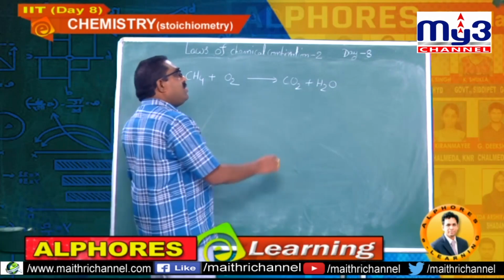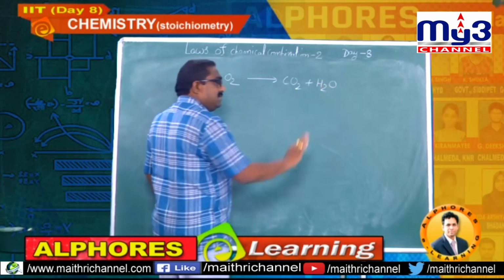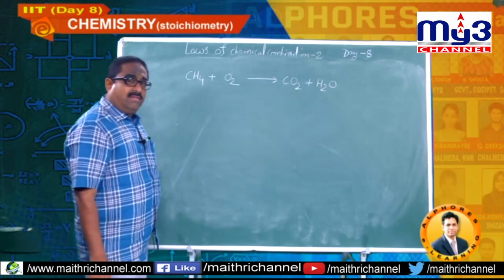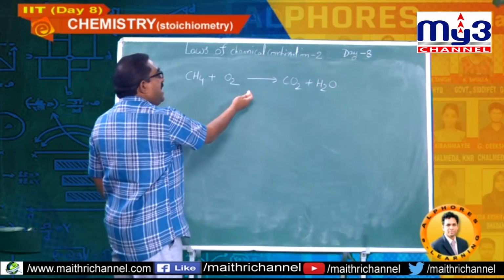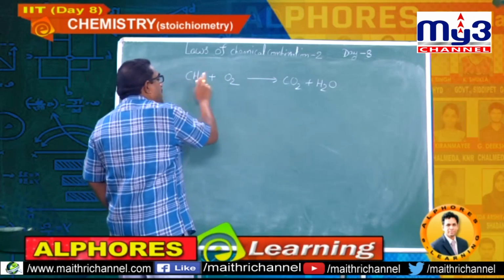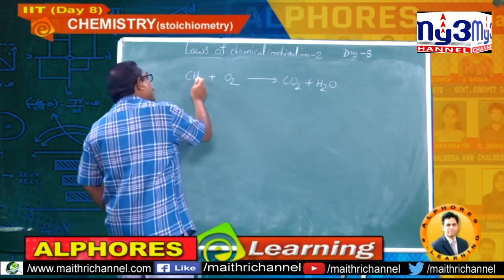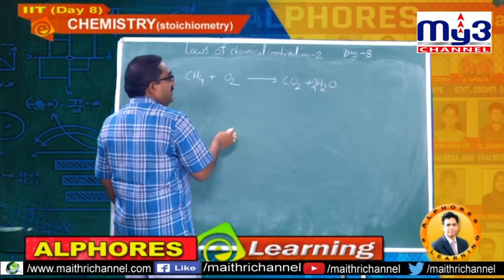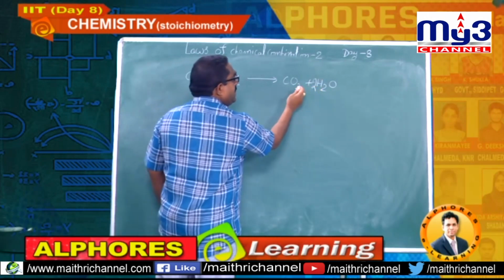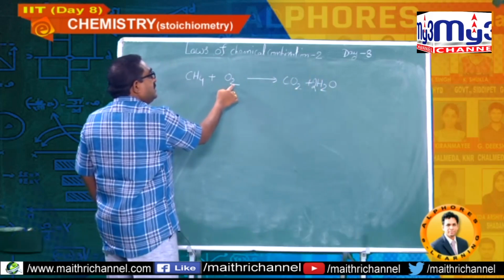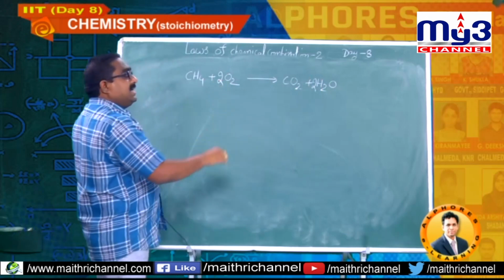And H2O will be converted into liquid. The remaining three are gases. So please balance this equation first. For one carbon, one CO2; for 4 hydrogens, 2 H2O. Now count the oxygens on the right side: 2 plus 2, 4. Each oxygen molecule contains 2, so you can balance that with 2.